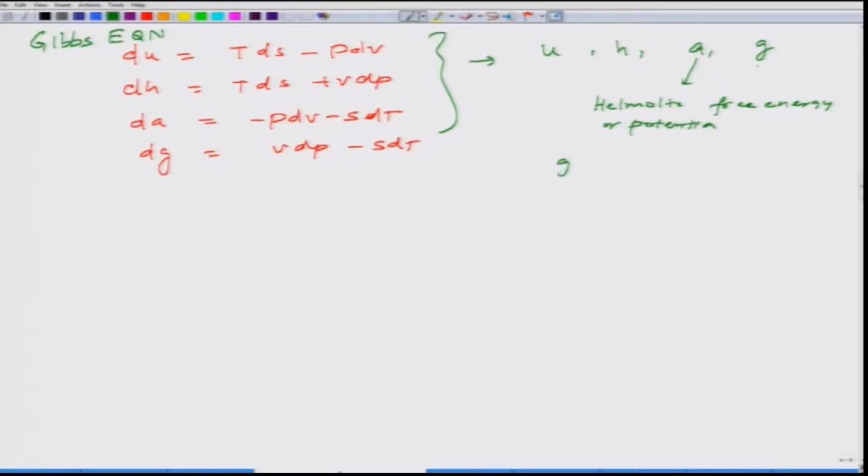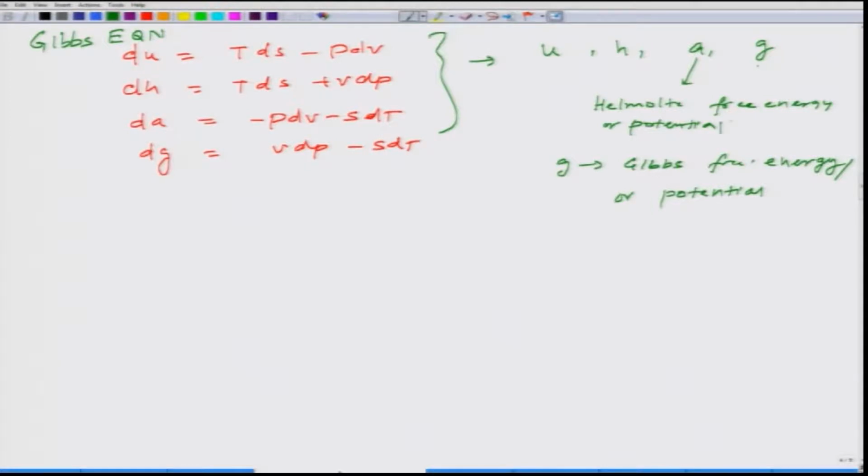Similarly, G is Gibbs free energy or potential. So, that is free energy or Gibbs free energy or Gibbs potential.